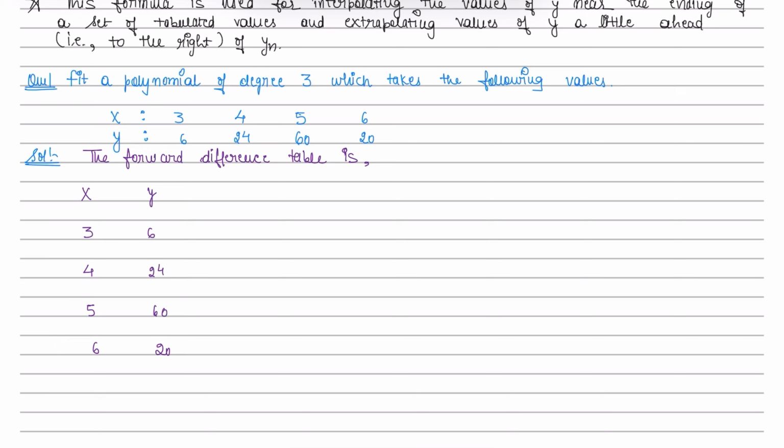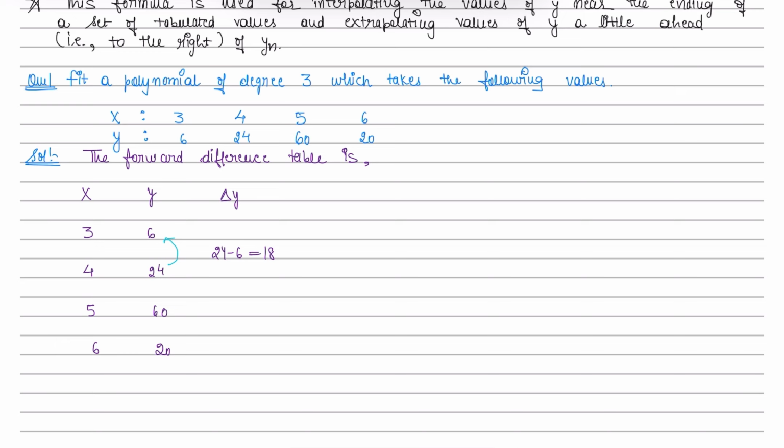Since we need to find a polynomial of degree 3, we have to go till difference 3. For the first difference, forward y, this value will be 24 minus 6, that is y1 minus y0, which equals 18.